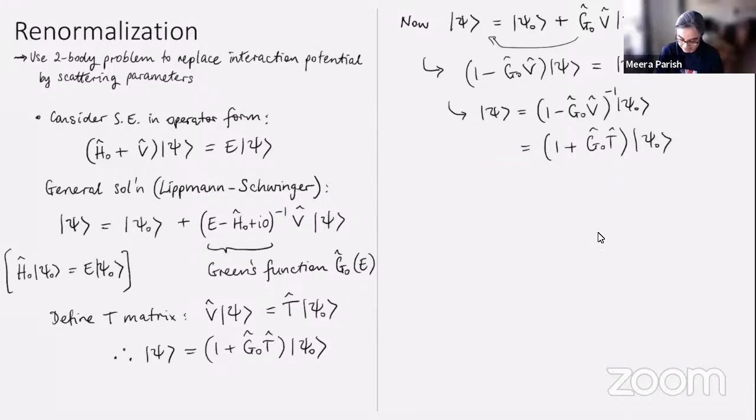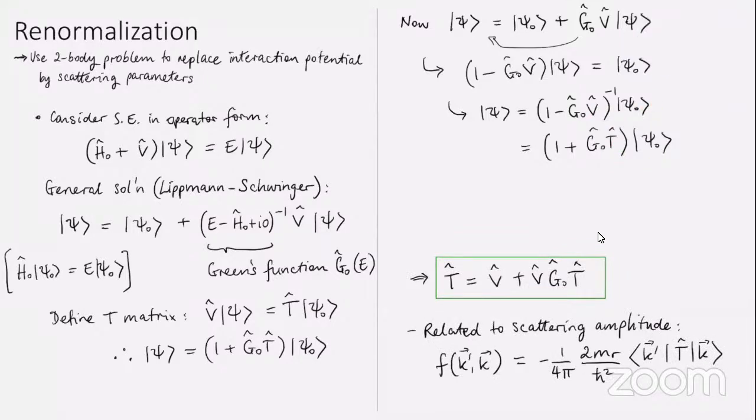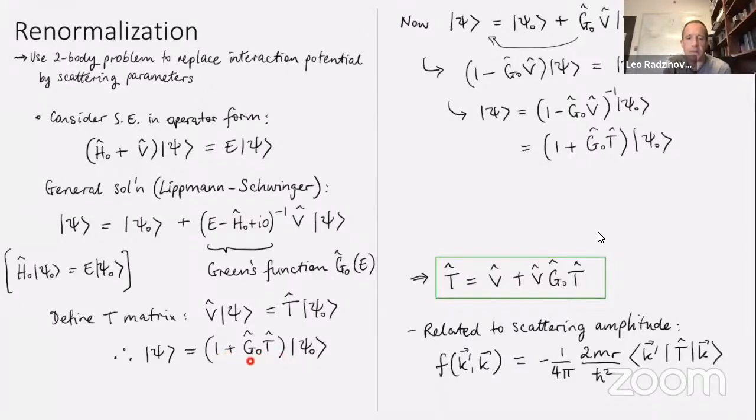You mean how do I go from here to here? How do I make this equal to this? Yeah, exactly. One is not following from the previous one. The last one is following from the last line of the previous page, the left page.